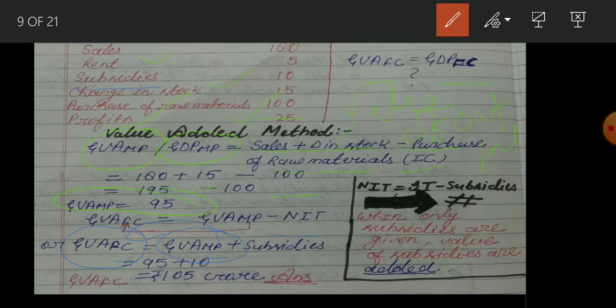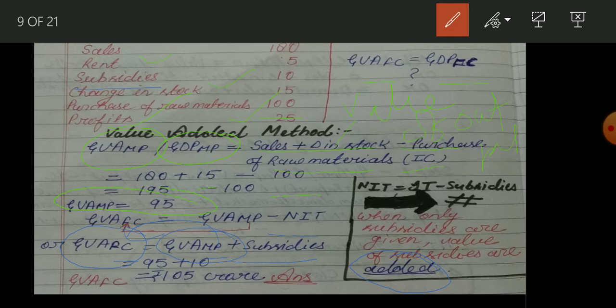So whenever only subsidies are given, what we do, we add the value of subsidy. Remember it, note down this point: if only the value of subsidies is given, then it is added. And if only the value of indirect tax is given, then we will subtract it. Note down this point. Okay, so this is why we are adding the value of subsidy.